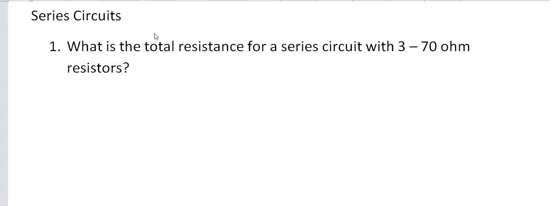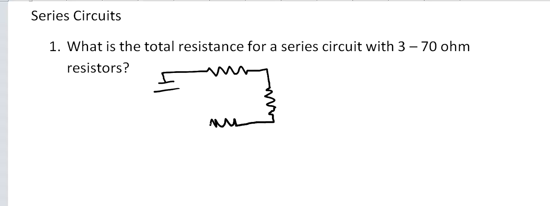So let's draw that, and we're going to use a DC power source again with the negative terminal and positive terminal. We have three loads or resistor values here, and they're all 70 ohms each.